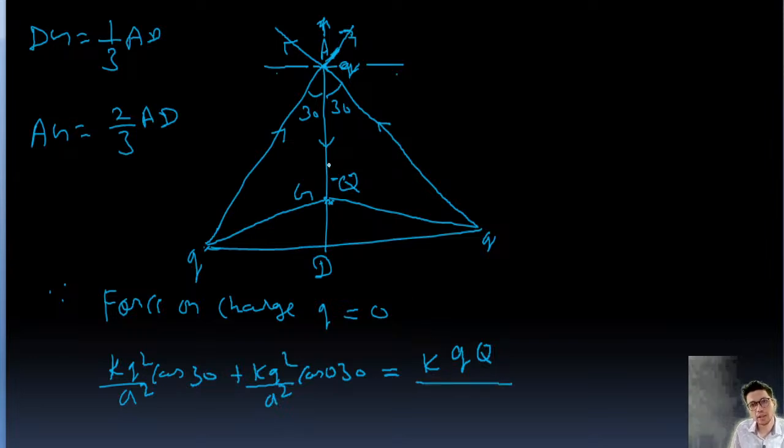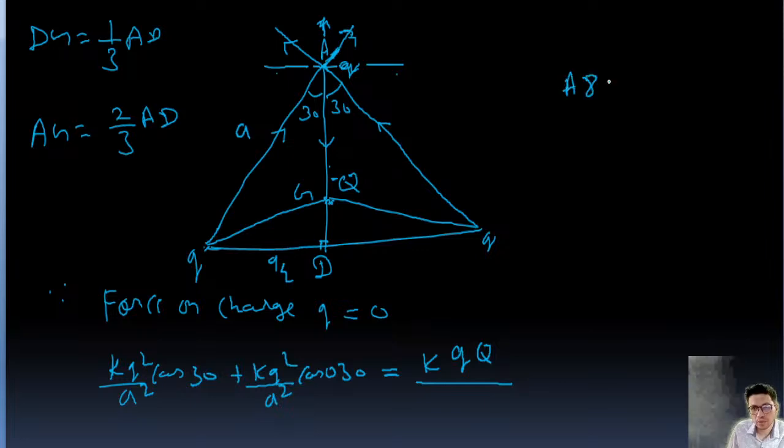This is AD, AG, right? AG is 1 by 3 of AD. Okay, and the AD value is how much? This is the perpendicular distance, right? This is A, this is A by 2. So AD is going to be simple.